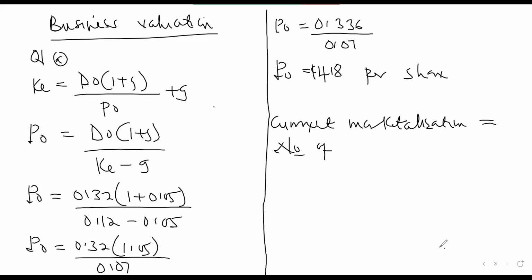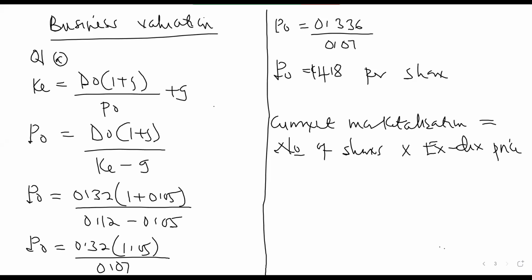The value of the company in the security market, that is what we call the market capitalization. It is calculated as the current market price multiplied by the number of equity shares, not preference shares. So the ex-dividend price now is 4.8.